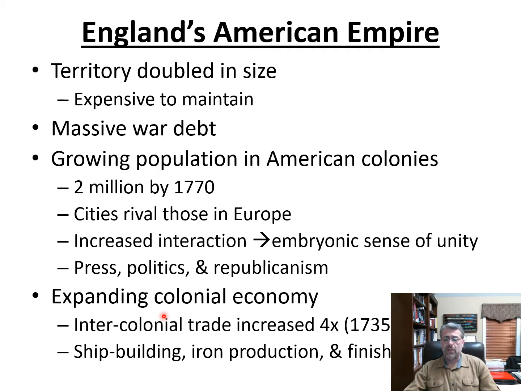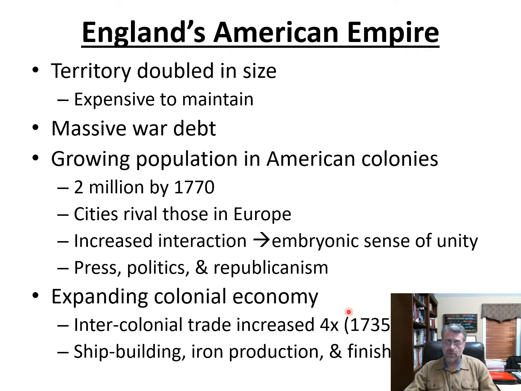When you think back to the idea of mercantilism, wherein an empire generates wealth through its colonies. The colonies serve as a source of raw materials, and then of course as a market for finished goods, manufactured goods. And this is what generates wealth for an empire.